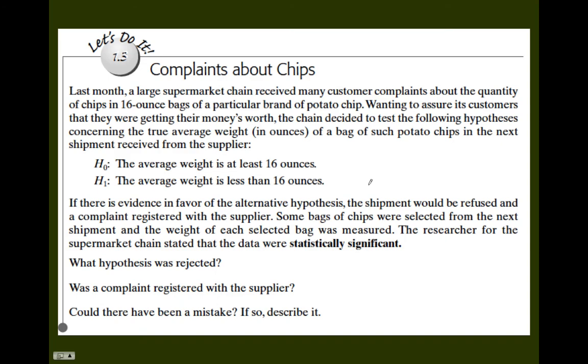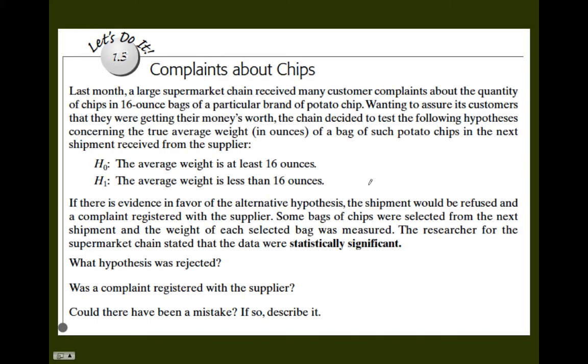All right, here's an example. Last month, a large supermarket chain received many customer complaints about the quantity of chips in 16-ounce bags of a particular brand of potato chip. Wanting to assure its customers that they were getting their money's worth, the chain decided to test the following hypothesis concerning the true average weight in ounces of a bag of such potato chips in the next shipment received from the supplier.